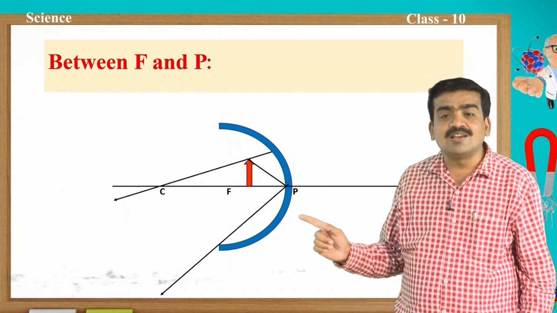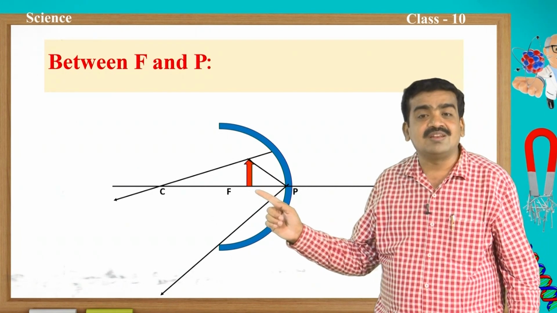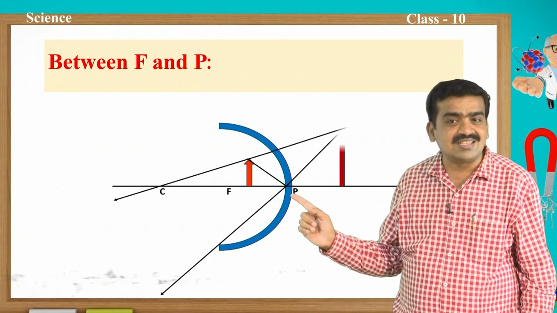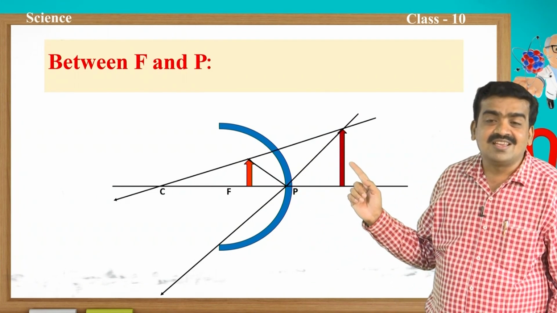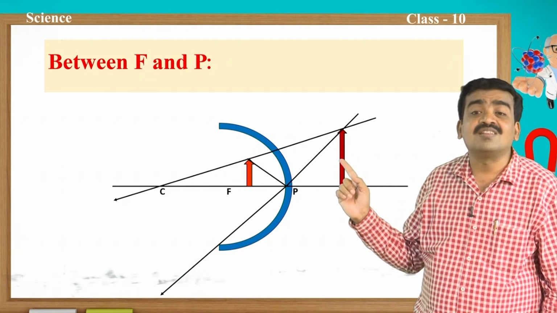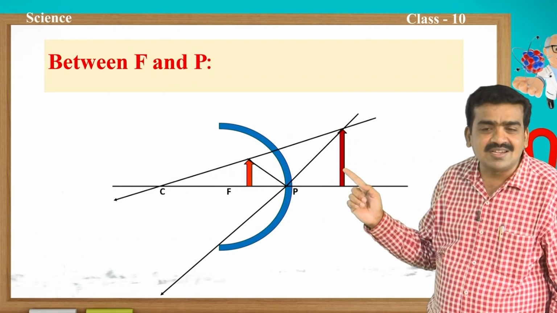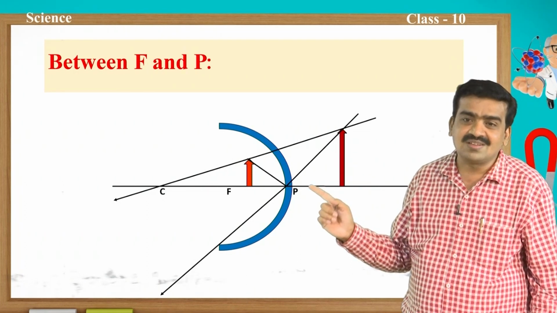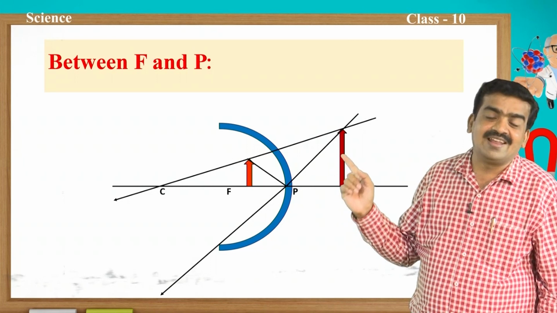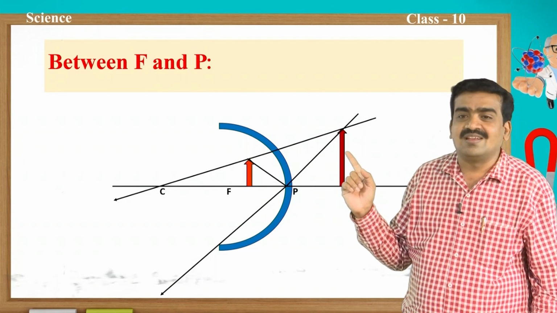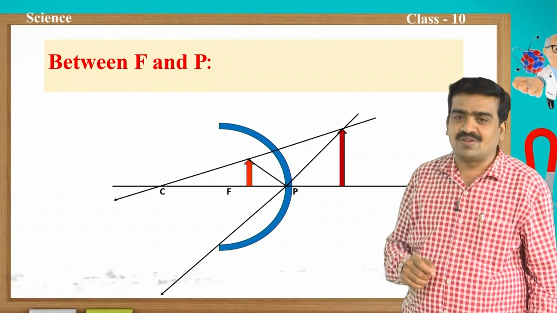Now, what happens if we place the object between F and P? What happens here in this case? Here in this case, the image is formed beyond the mirror. Now, compare the position as well as height. Position is beyond the mirror, nature is enlarged and erect, but in this case a virtual image is going to be formed.